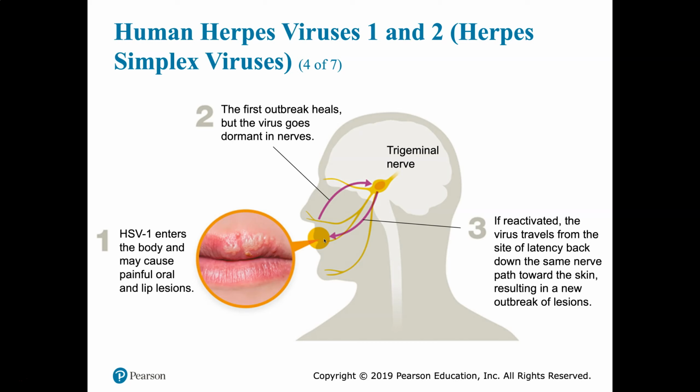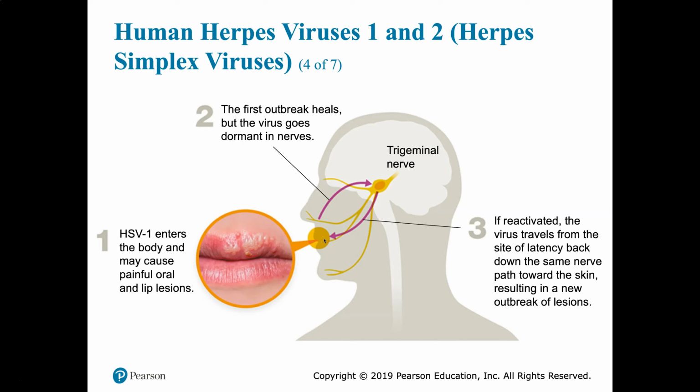So right about where your tailbone is, a little bit above that, your sacrum, there's a nerve ganglion. And that's where HHV2 hides. So HHV1 hides in the trigeminal. The HHV2 hides in the one by the sacrum, down by the base of your spinal column.